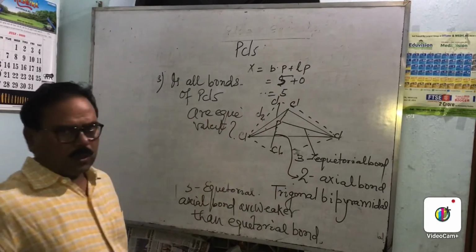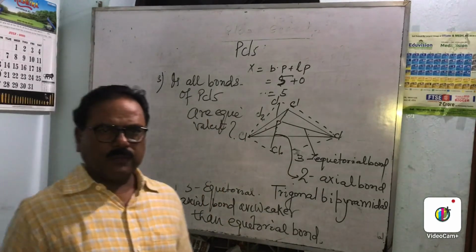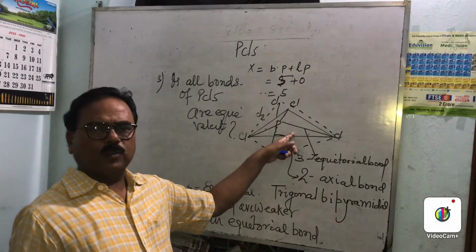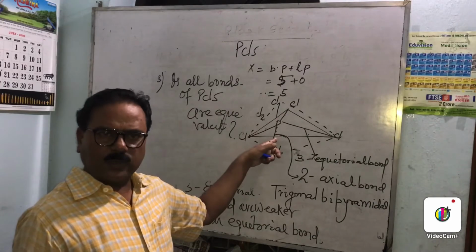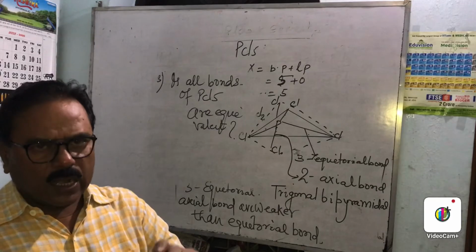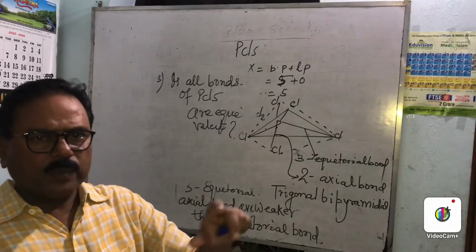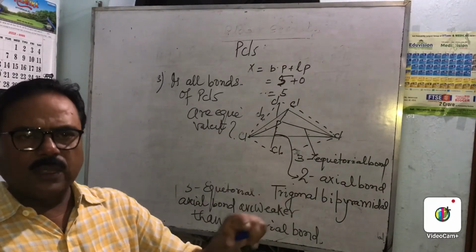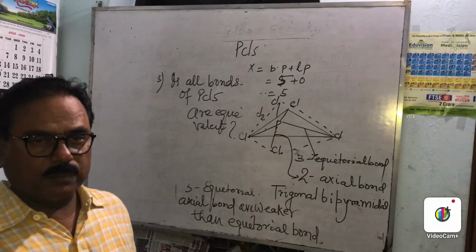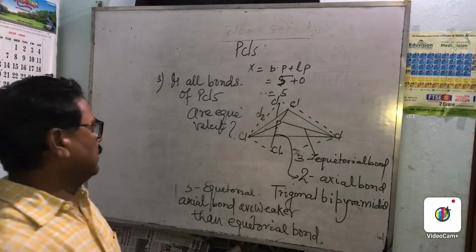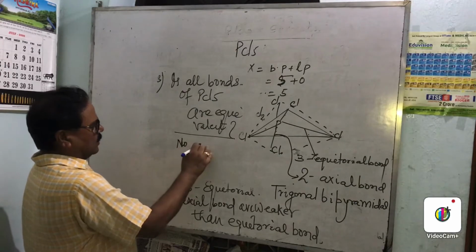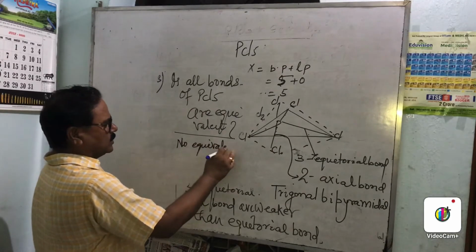All bonds of PCl5 are not equivalent because of its geometry. It has a trigonal bipyramidal geometry having 2 axial bonds and 3 equatorial bonds, and the bond lengths of axial bonds and equatorial bonds are different. That's why all 5 bonds of PCl5 are not equivalent. Why not equivalent?